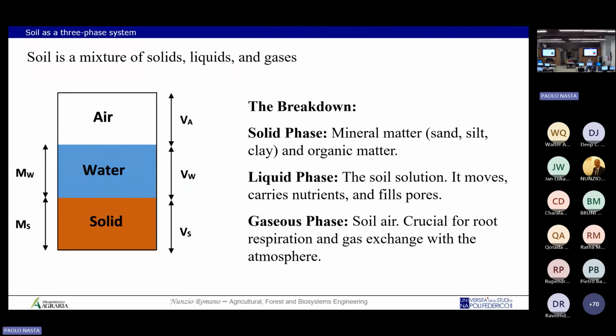So the soil is basically a three-phase system made of solid particles, of course. There is the liquid phase, occupied especially by water, which is the main liquid occurring in the vadose zone. And then there is the gaseous phase occupied by soil air.